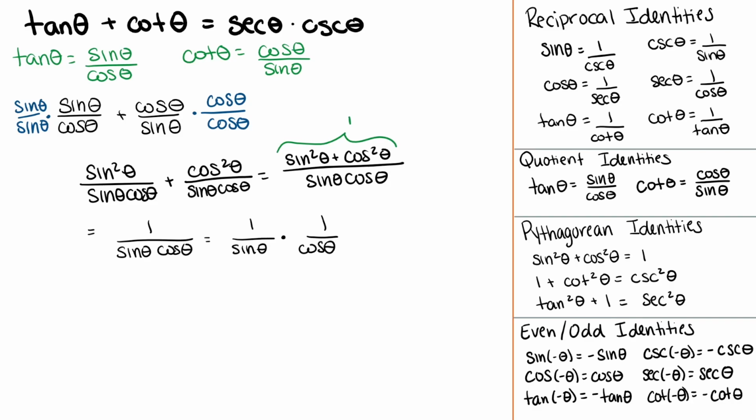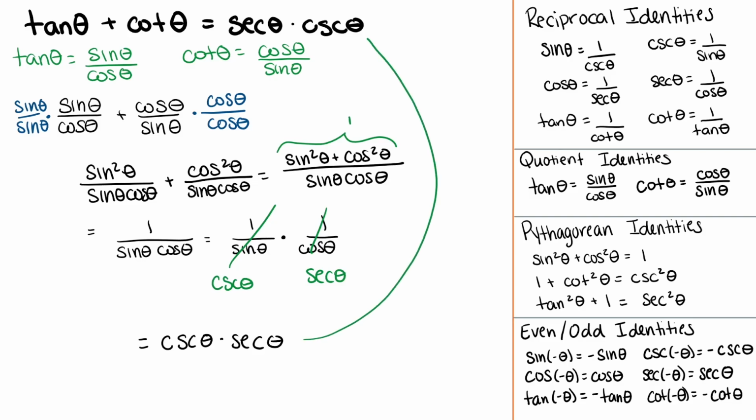Because we're connected by multiplication in our denominator, we are able to do this. 1 over sine theta is cosecant theta, and 1 over cosine theta is secant theta. So this is equal to cosecant theta times secant theta, which is exactly what we're looking for, and we verified this identity.